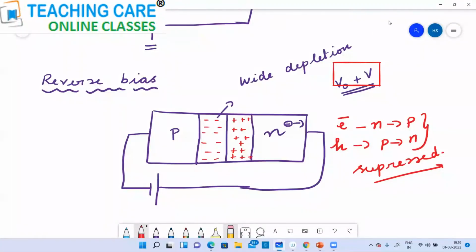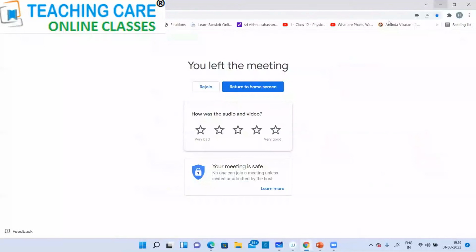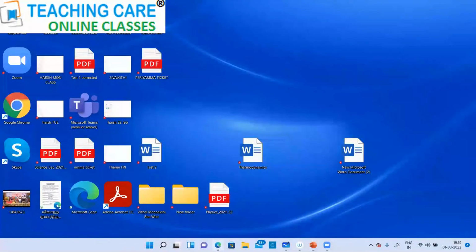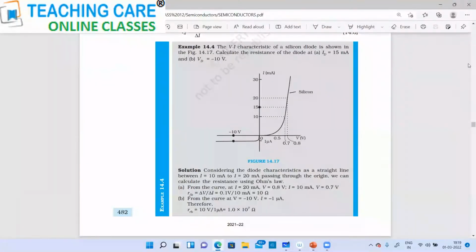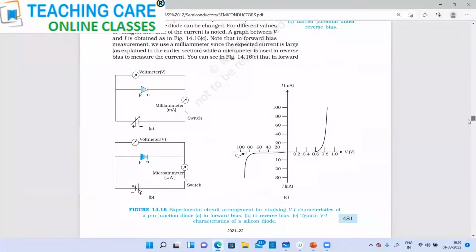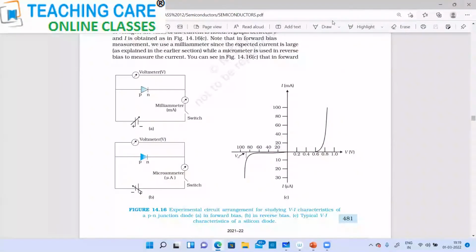So we are going to plot the VI characteristics, the potential difference and current characteristics, of forward and reverse bias. Can you see the screen, the textbook? Yes, ma'am.